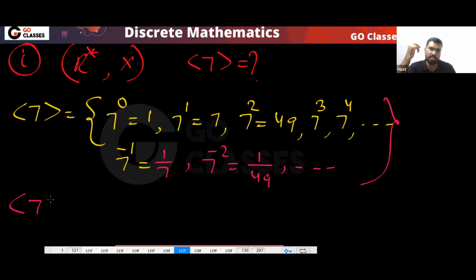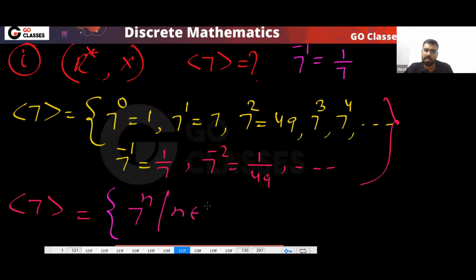So what will be the subgroup generated by 7? Remember, 7 inverse is 1 by 7. I can say that is 7 power n, where n is an integer. Just that, very simple. 7 power minus 2, 7 power minus 3, and so on.